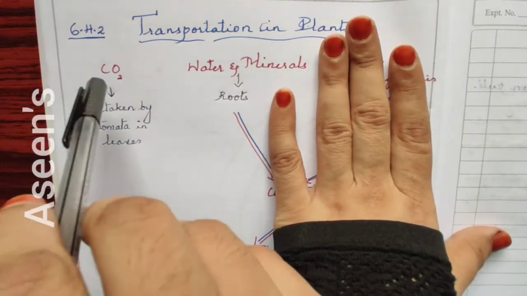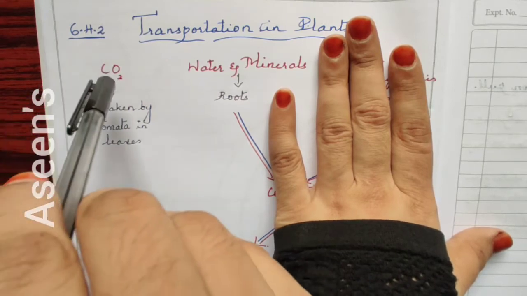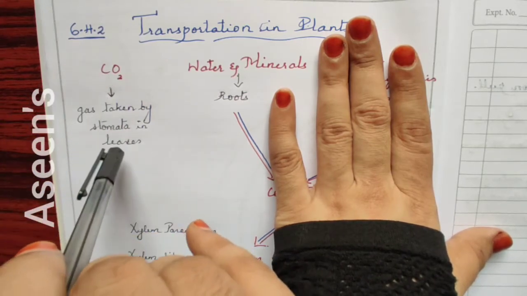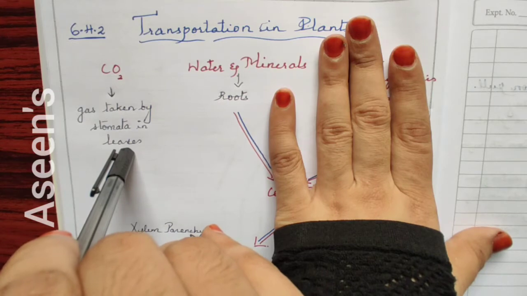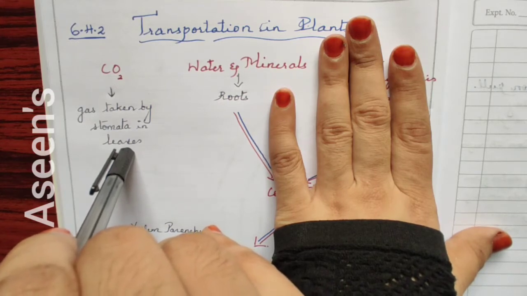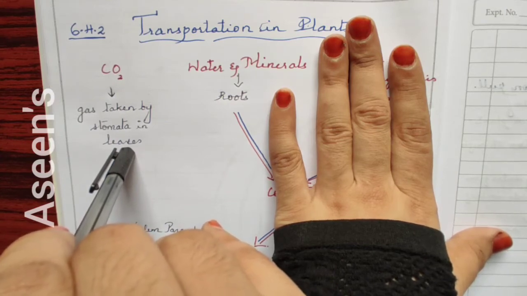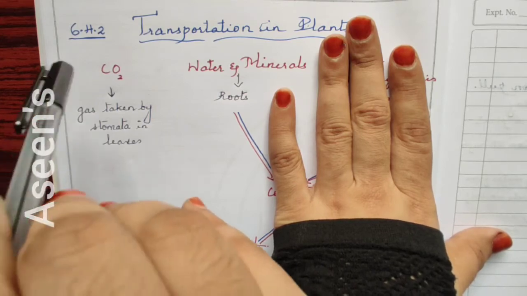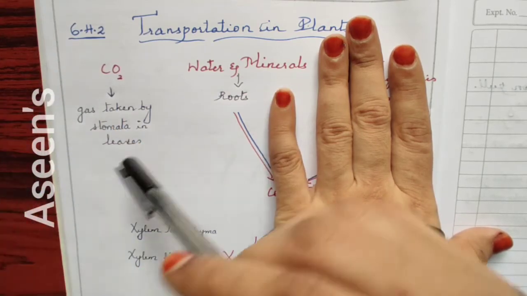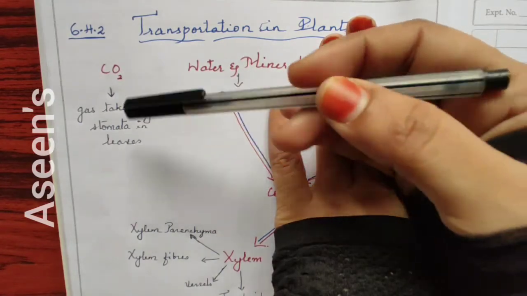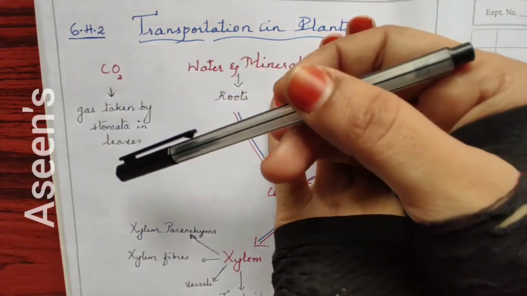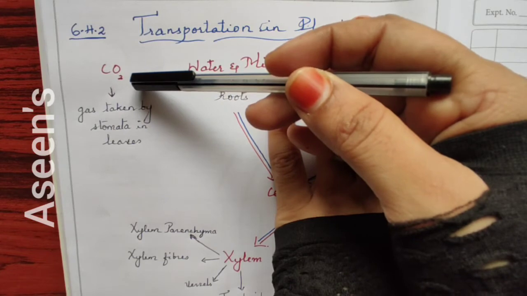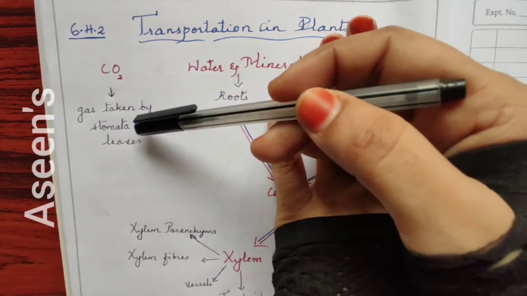Talking about carbon dioxide, it is taken in by the stomata present in the leaf. Stomata are tiny, kidney-shaped cells arranged in a circular manner, a very tiny microscopic structure present on the surface of the leaf, on the top as well as the bottom surface. These tiny pores help in absorbing carbon dioxide for photosynthesis.